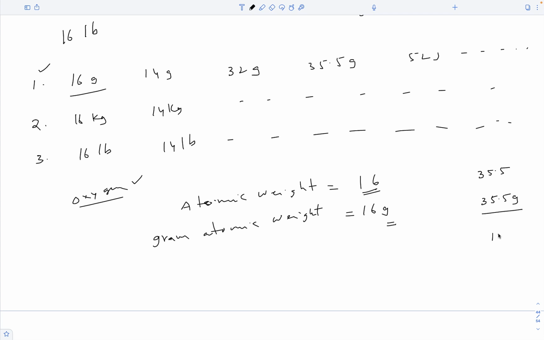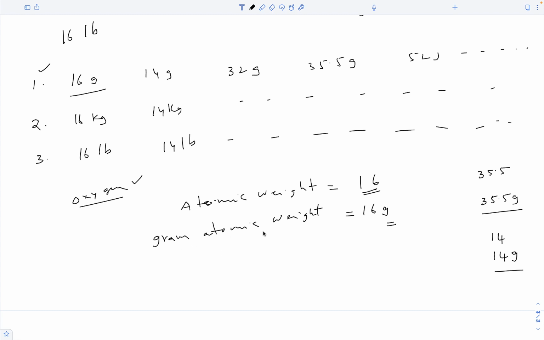Atomic weight of nitrogen is approximately 14. So 1 gram atomic weight of nitrogen is simply 14 grams. So gram atomic weight represents certain mass of an element that is equal to its atomic weight in grams.